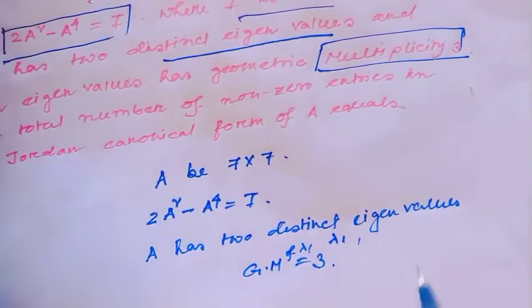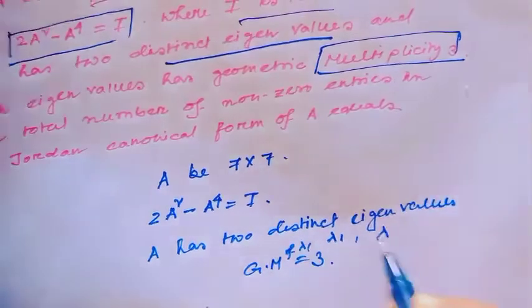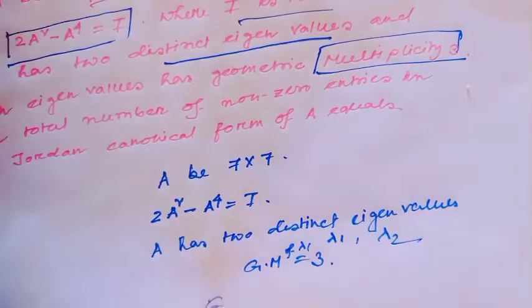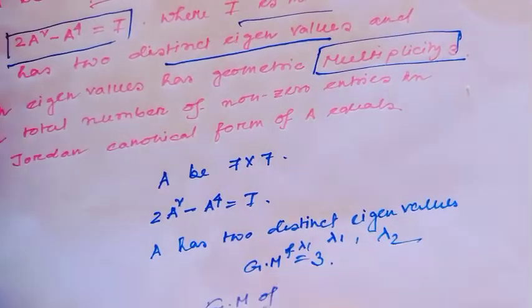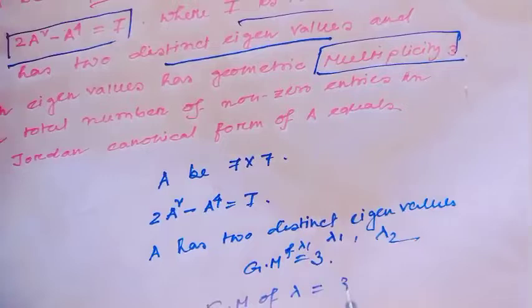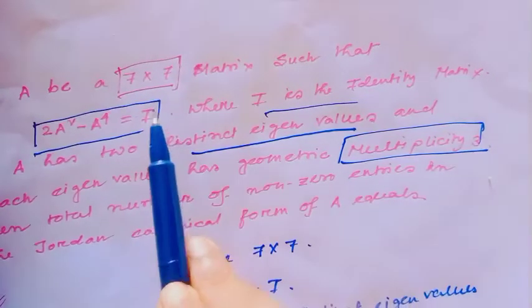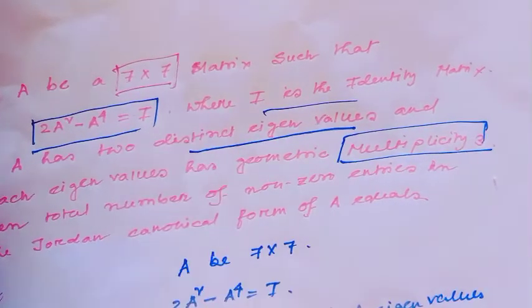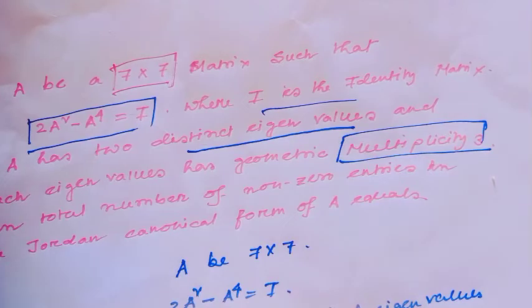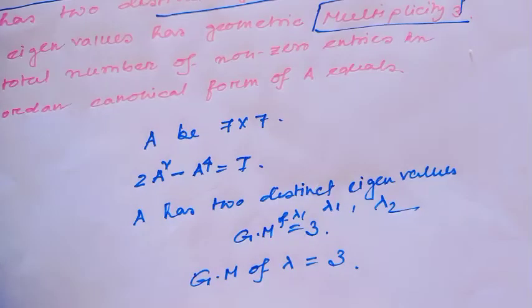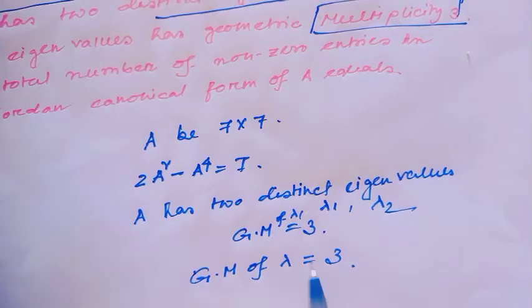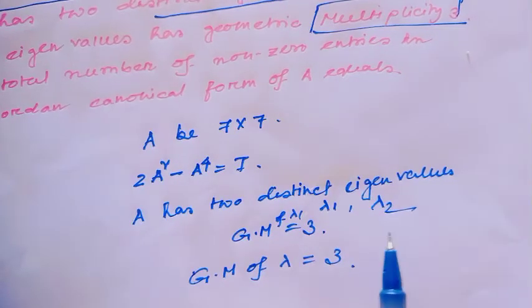Also, if we consider another eigenvalue lambda 2, then the geometric multiplicity of lambda 2 would also be 3. Notice here A is a 7 cross 7 matrix, but the geometric multiplicity of lambda 1 is 3 and the geometric multiplicity of lambda 2 is 3.